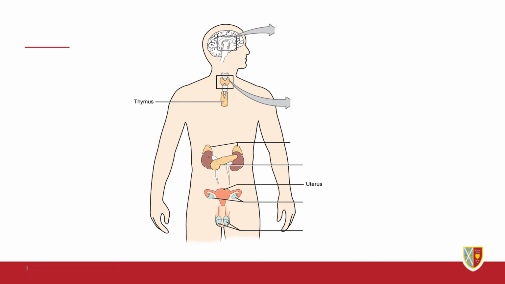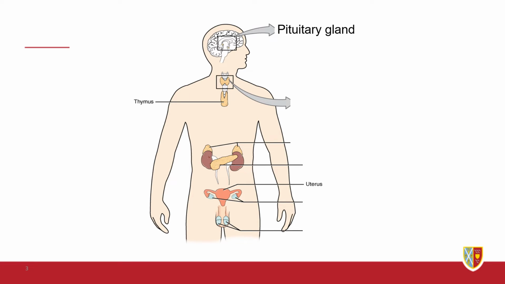So what we're looking at here is a diagram of the endocrine system. The endocrine system is all of the organs that are involved in producing hormones within our bodies, and there's a few of them that are involved in different parts of that, and they're linked into a couple of different topics that you guys have done already. So this is the pituitary gland in the brain.